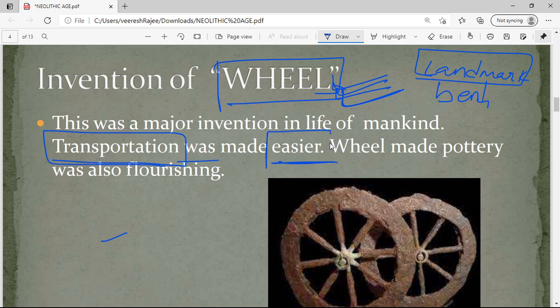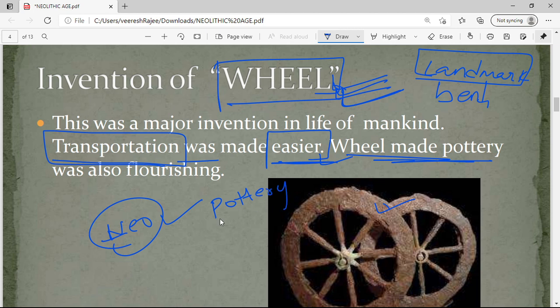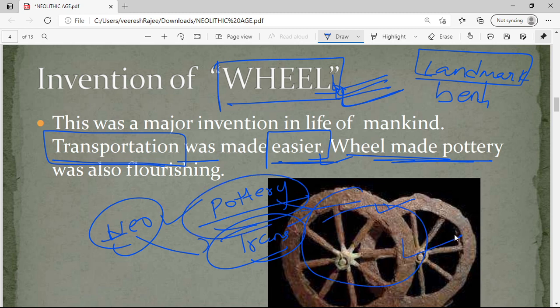Even wheel made pottery was also developed. Okay, during Neolithic age, pottery was developed and transportation was made easier, and both these things happened because of the invention of wheel. So that is the reason why the invention of wheel is considered a landmark event in the development of mankind.